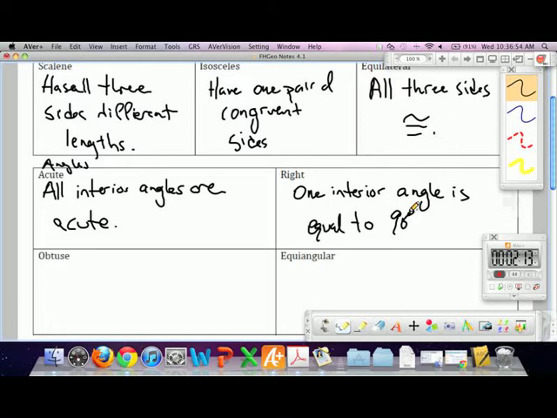An obtuse triangle has 1 obtuse angle, one interior angle that is obtuse, greater than 90 degrees.